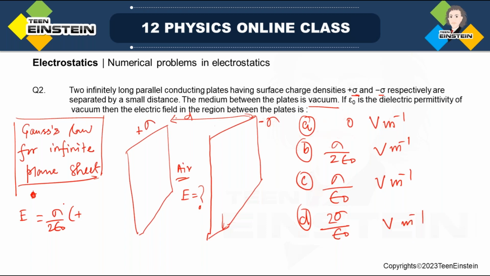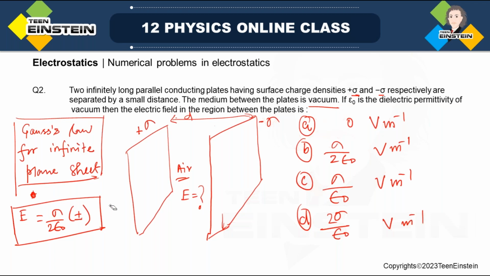If it is a positively charged plate, it will create positive sigma by 2 epsilon 0. If the plate is negatively charged, then the electric field will be minus sigma by 2 epsilon 0. Now for this, at this middle point, what will be the flux?